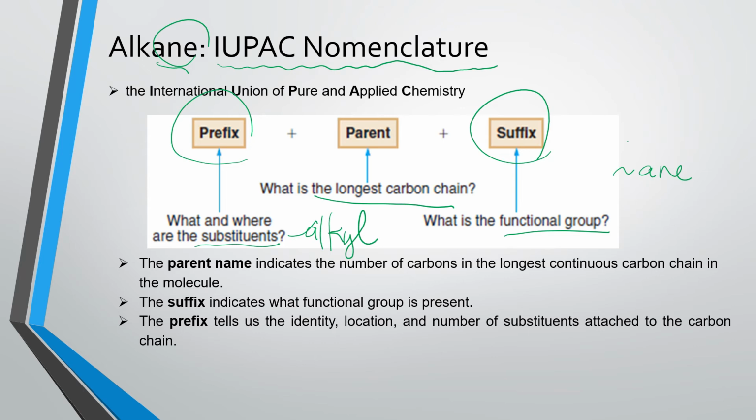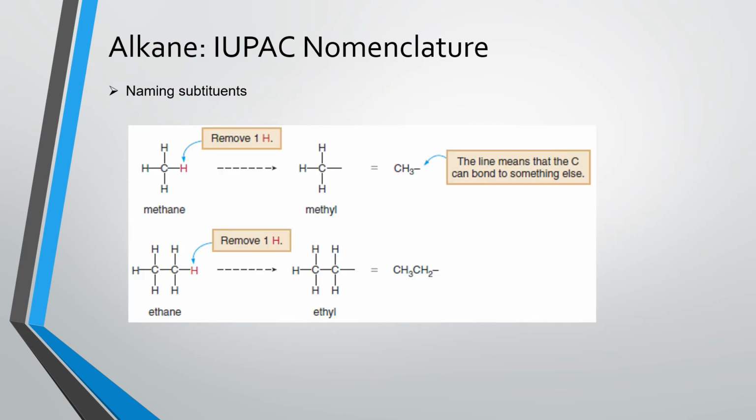Now let's try naming the first one. Before we name the alkanes, let's try naming the substituents. Pag sinabi nating substituents, these are the alkyl groups.